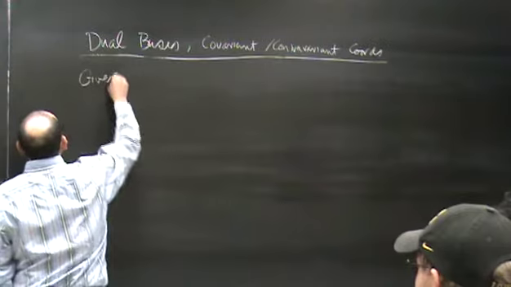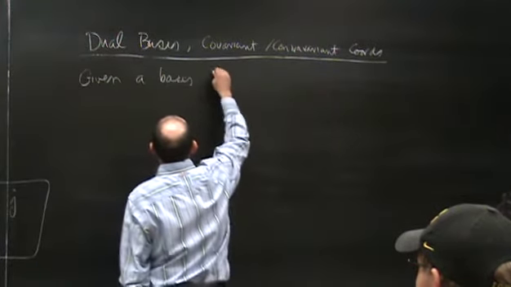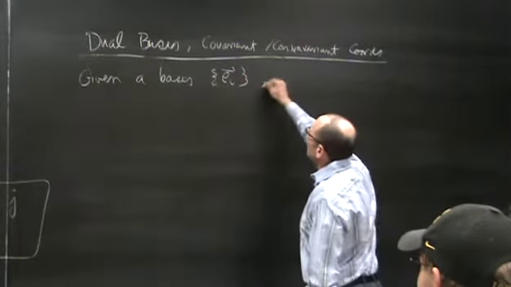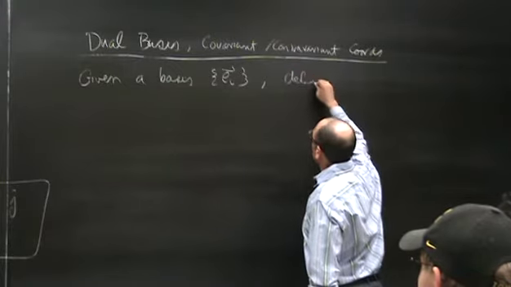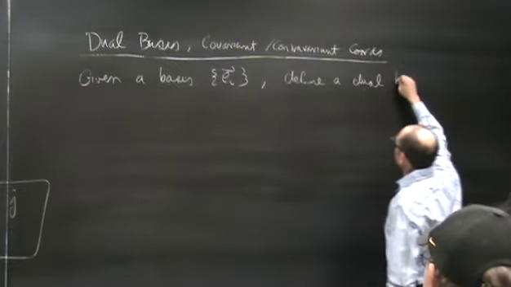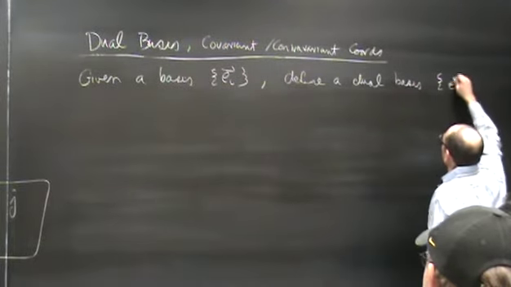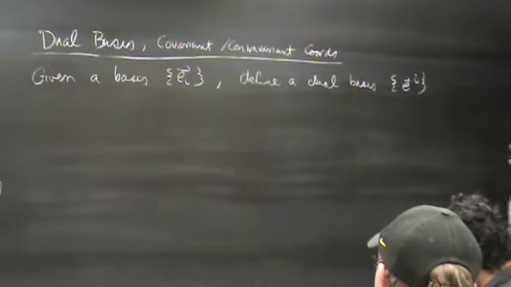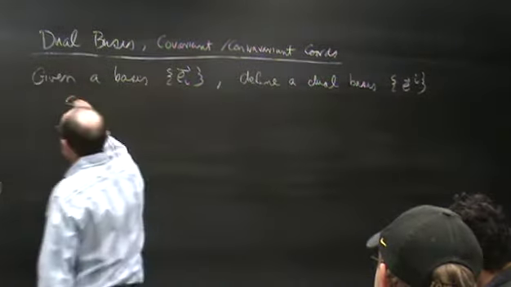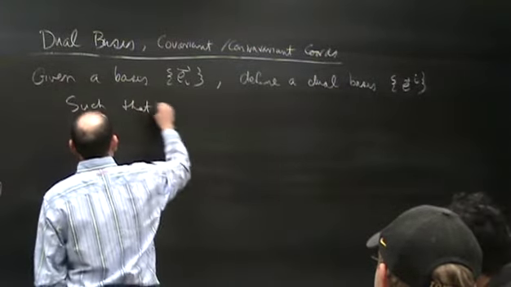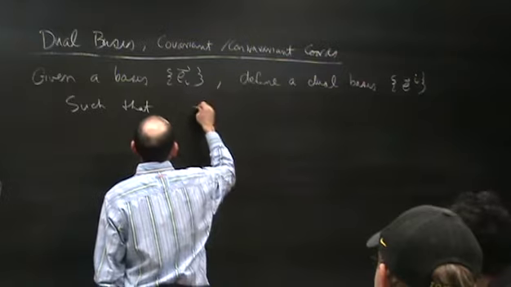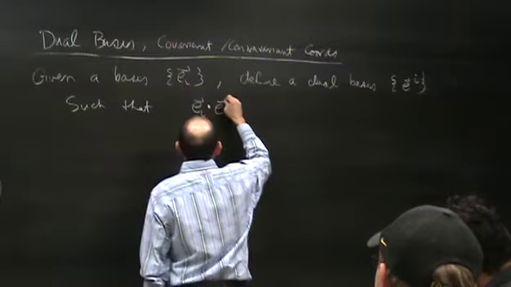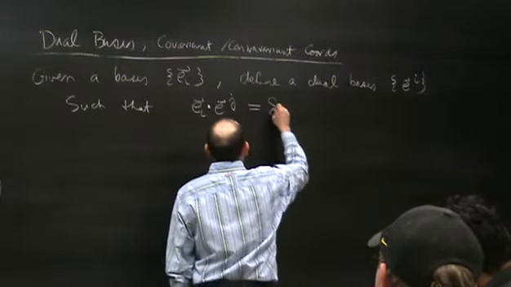Given a basis, we can define a so-called dual basis, which has superscripts, such that the inner product between a vector in the basis set and a vector in the dual set are bi-orthogonal.